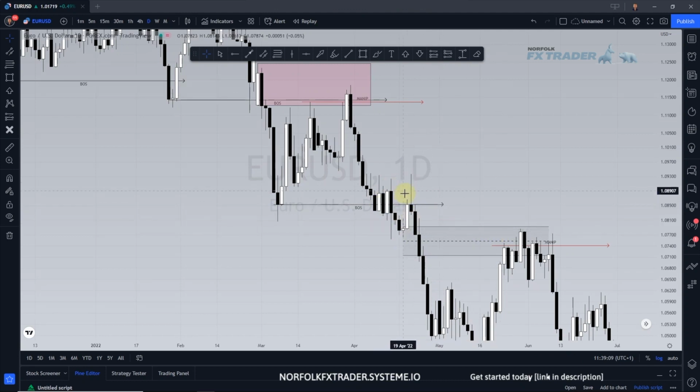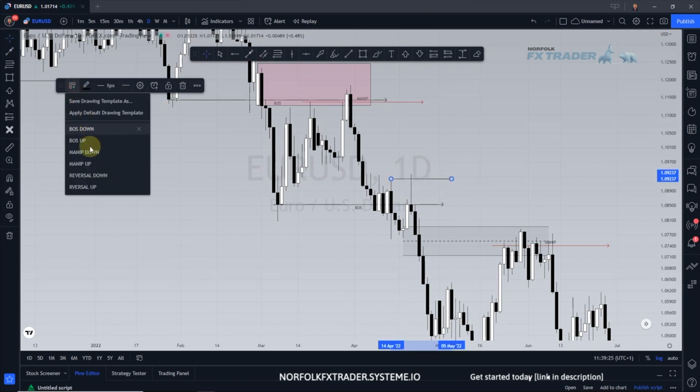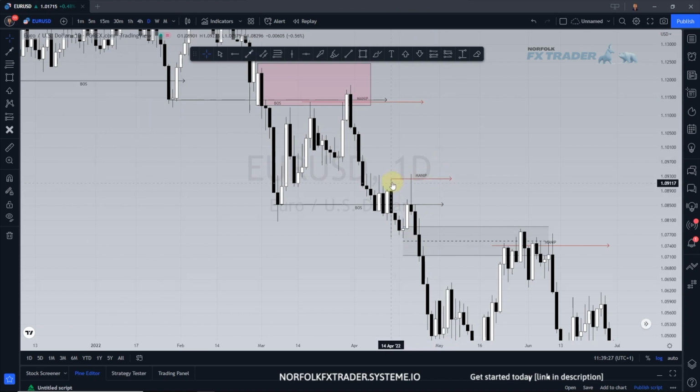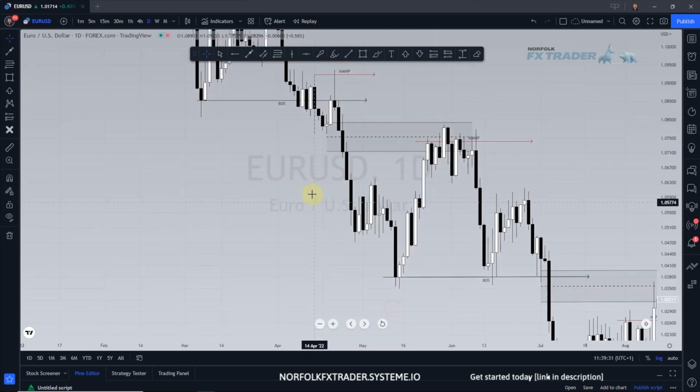Once again, no area of imbalance. We do have here an area of potential supply. But more importantly, what do we see happening on this pullback? We can identify here a manipulation. So again, we even have this small pullback, manipulate the high, nice looking pin bar, and the market drops away.